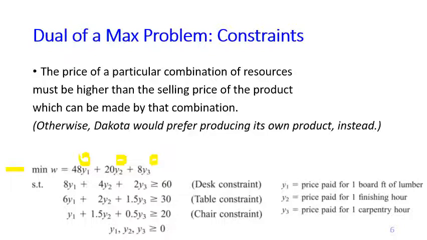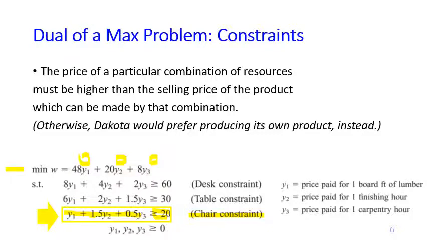For example, Dakota will have a chair constraint. The chair constraint means that the combination of 1 unit of lumber plus 1.5 units of finishing hour and 0.5 carpentry hour, when those resources are multiplied with the price, the total price of this combination must be greater than or equal to 20.